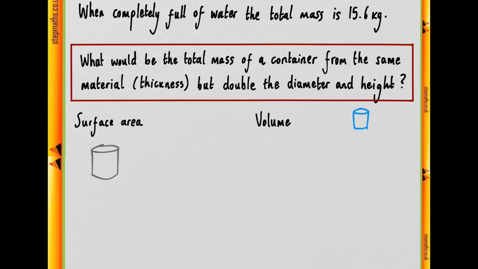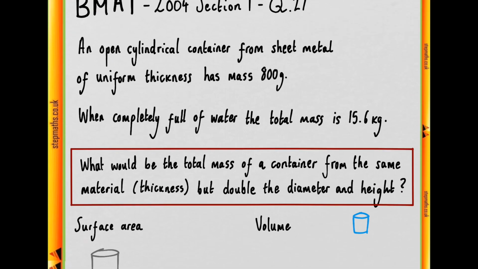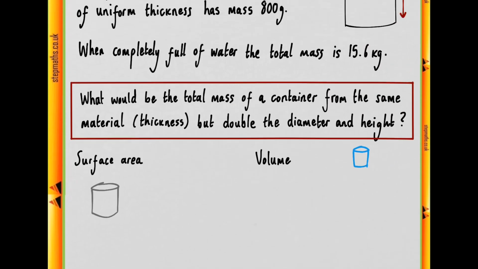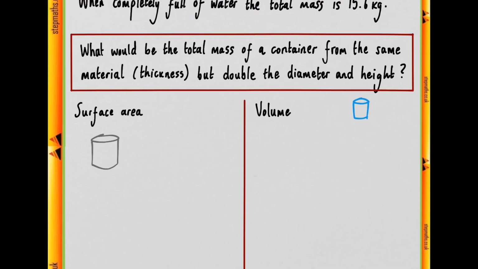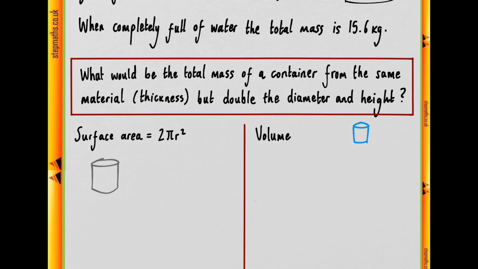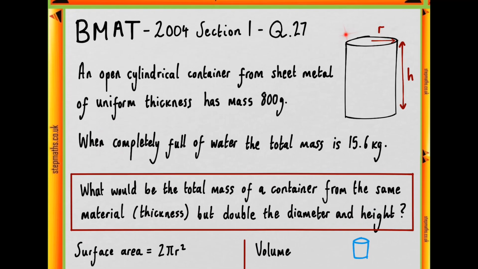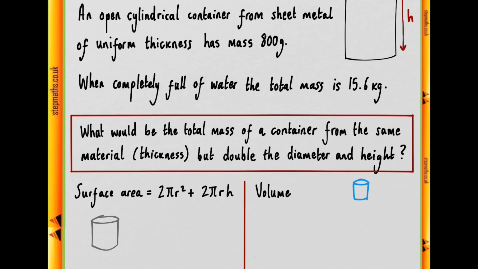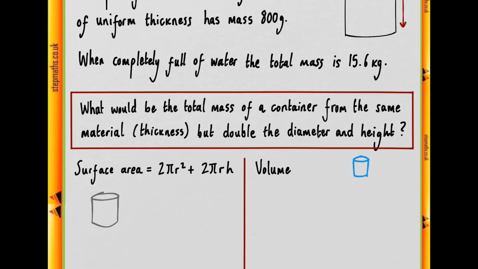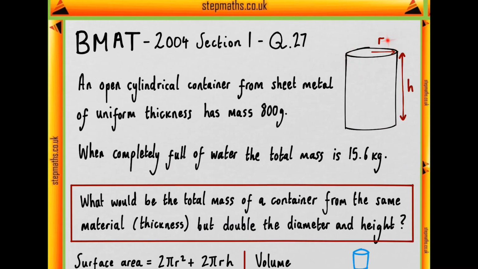So we need to assess how the surface area and the volume change by doubling the diameter and the height of our cylinder. We should know the relationship for a cylinder of a certain radius and a certain height. The surface area is the surface area of these two circles, which is 2 times pi r squared, plus the circumference, 2 pi r, which is the length all the way around the circle, multiplied by the height.